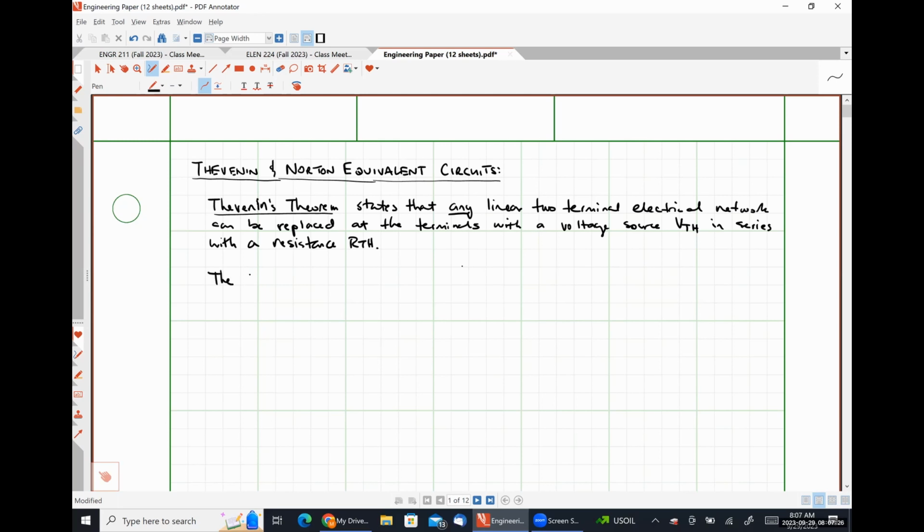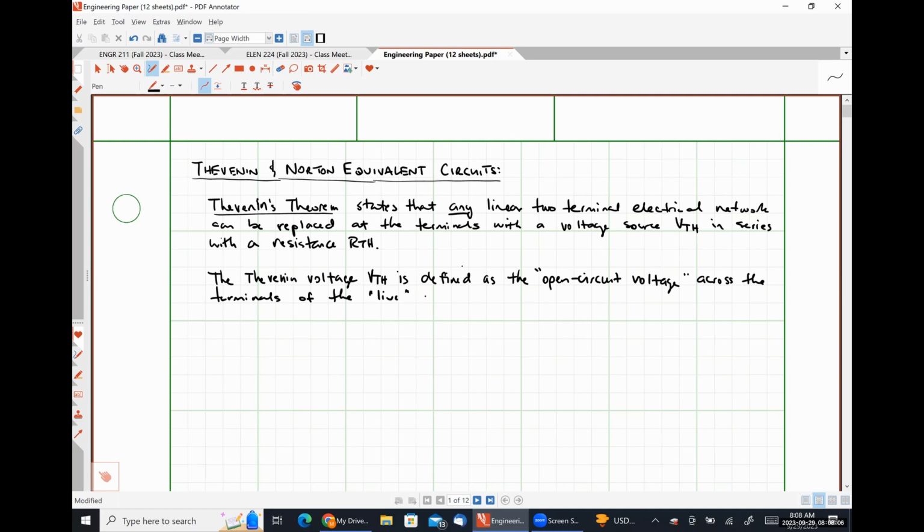So the Thevenin voltage VTH is defined as the open circuit voltage across the terminals of the live network, where a live network simply means that all of the independent sources, regardless whether they are voltage source or current source, are left on. So a live network literally means that it's been energized by something.